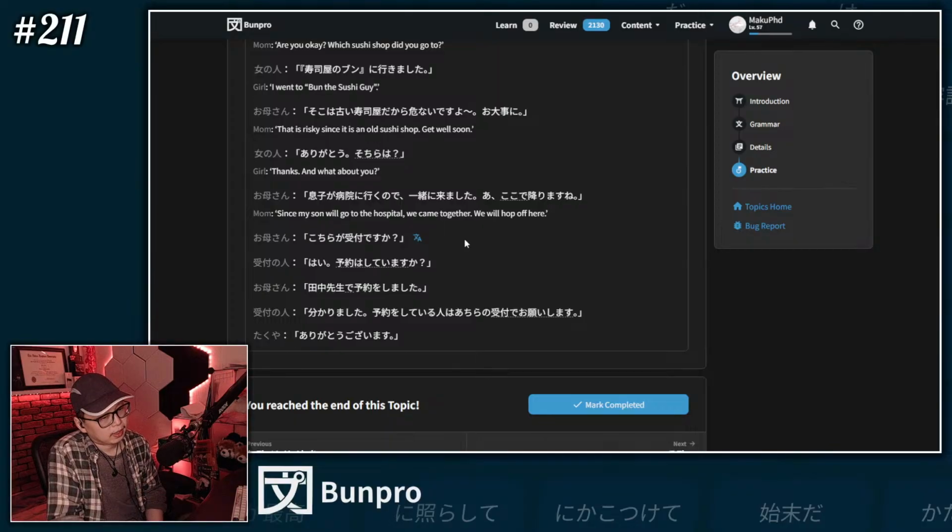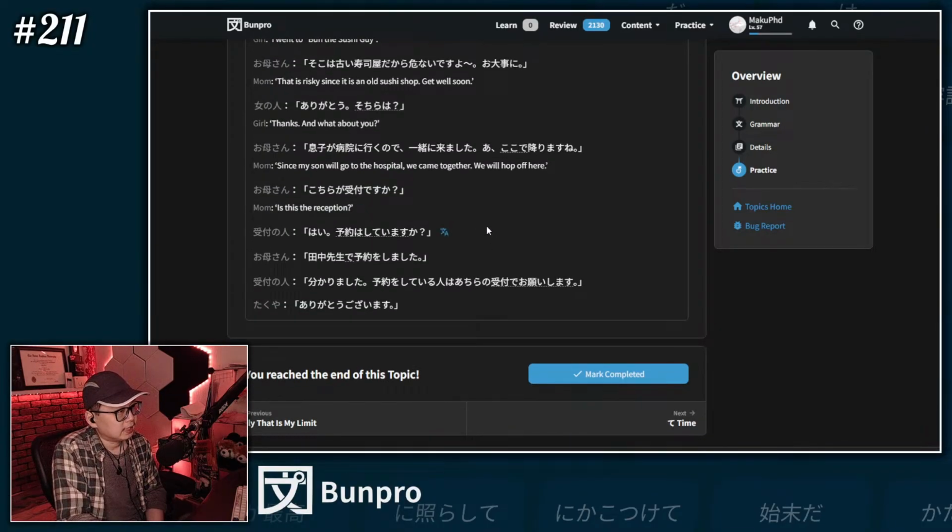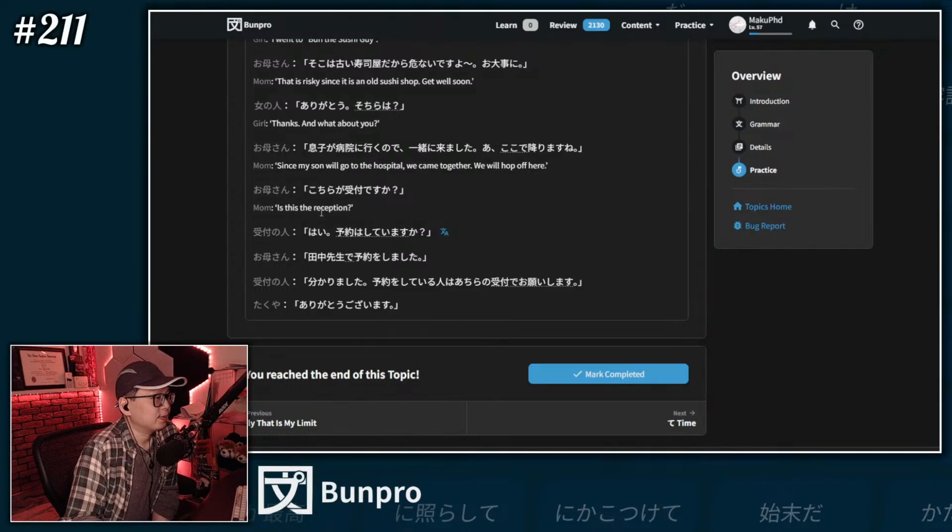Now they arrived. Now you have to imagine them arriving at reception. It's like, oh, can we be received here? Is this reception, right? And the receptionist, right? Oh, I don't know if that's right. Is it?